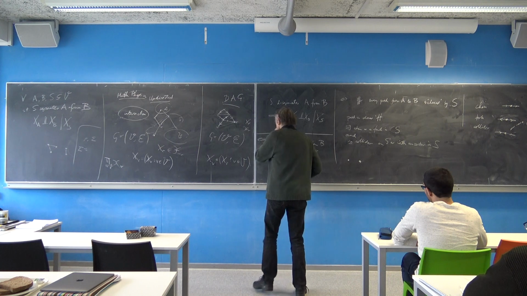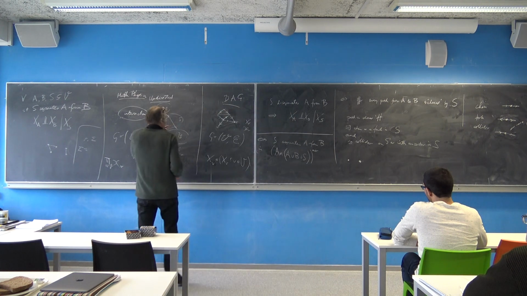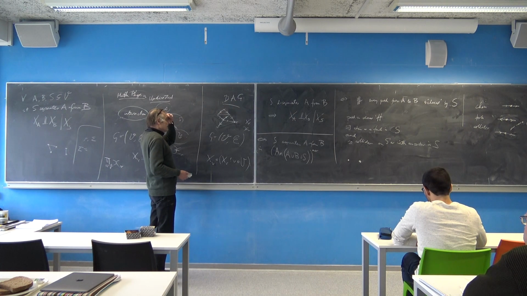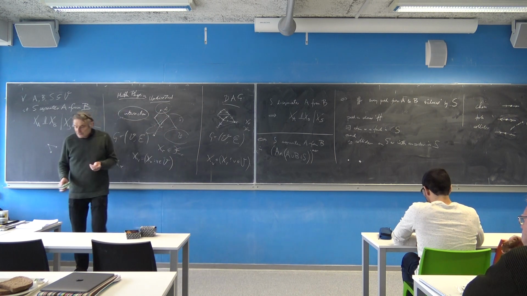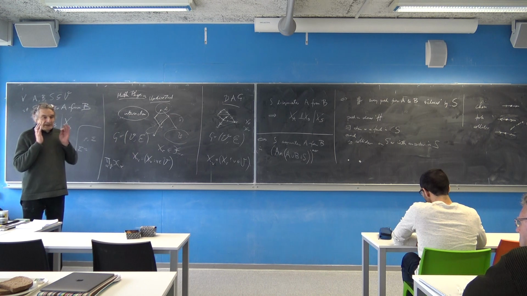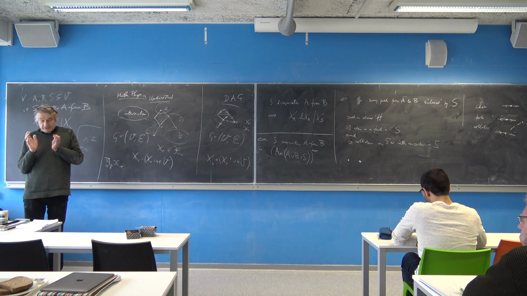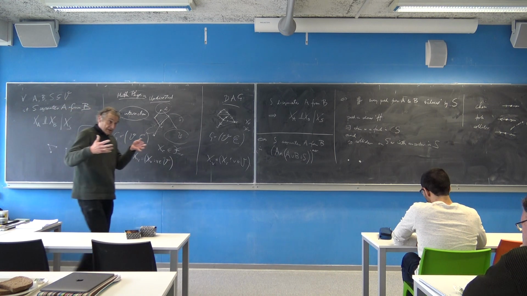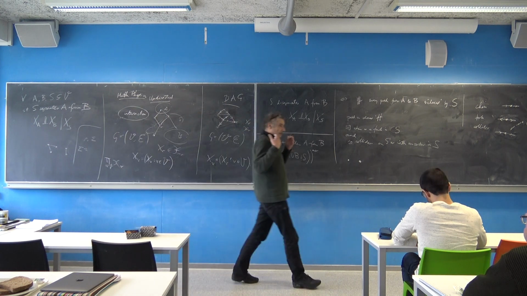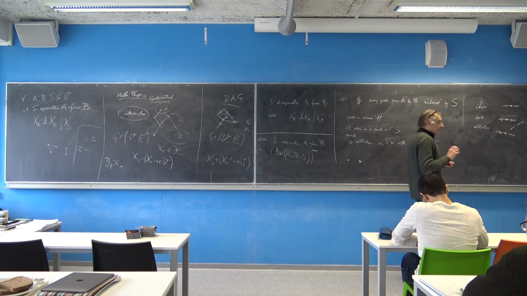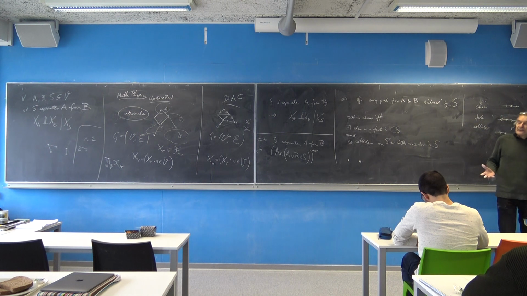Let me think. Now, first of all, I can just remark we saw some axioms of some properties of conditional independence. And one of those properties was a property which we can only be sure of if the joint probability density is positive.